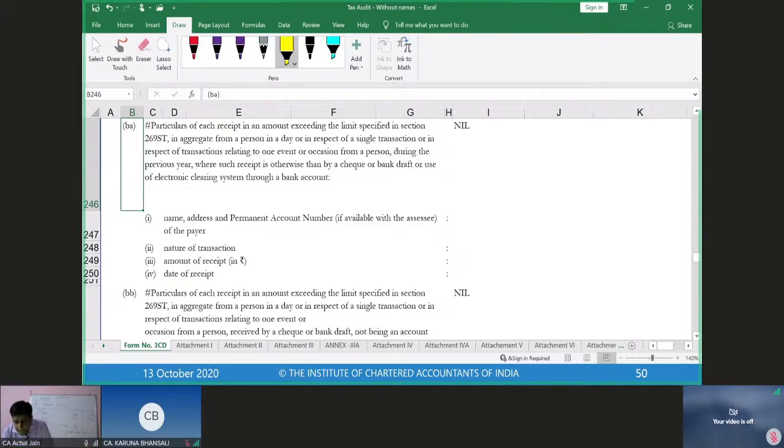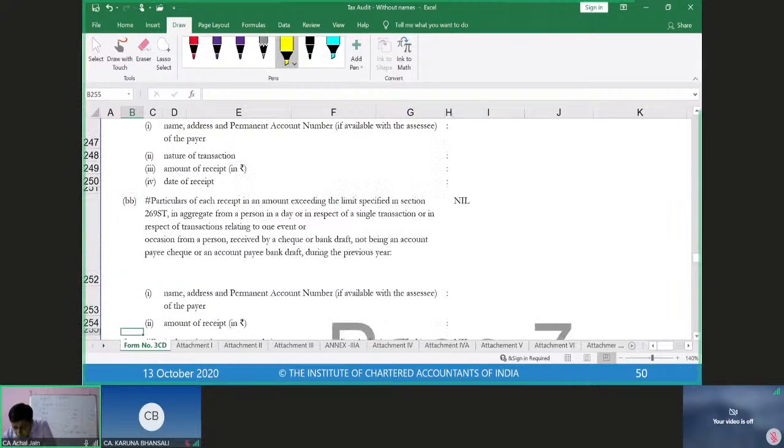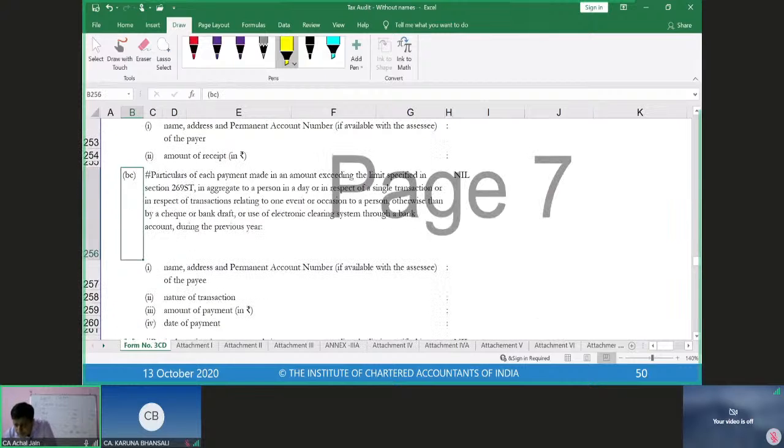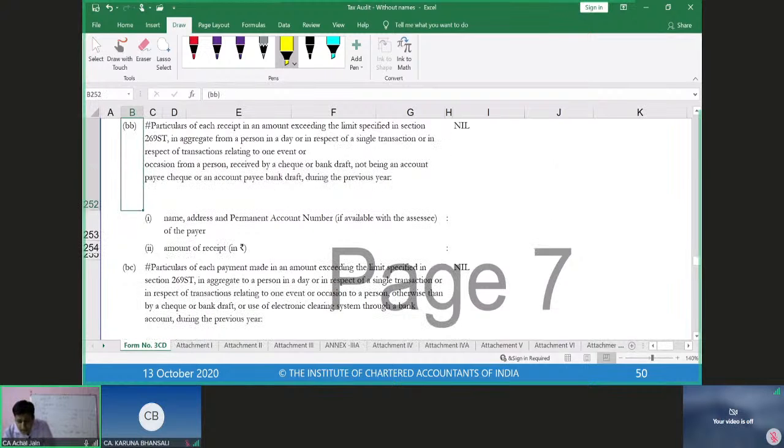Now in this case, again, what are the particulars which are required to be given? Same particulars are required to be given. Name, address, PAN number, amount of receipt.